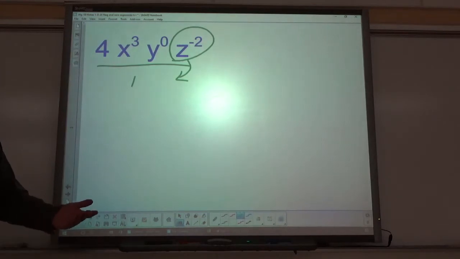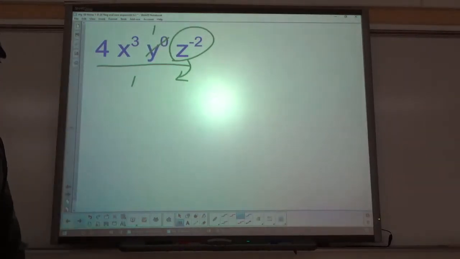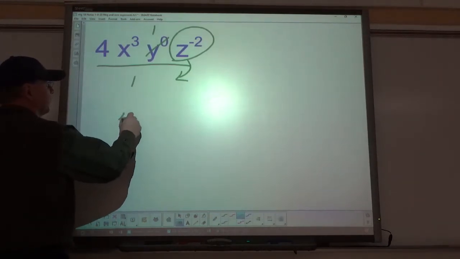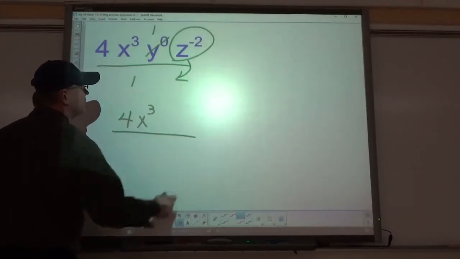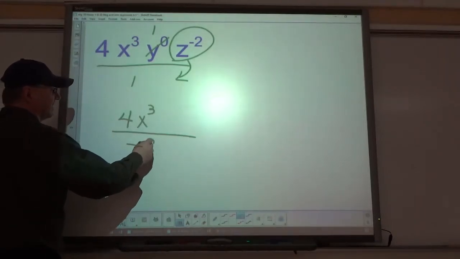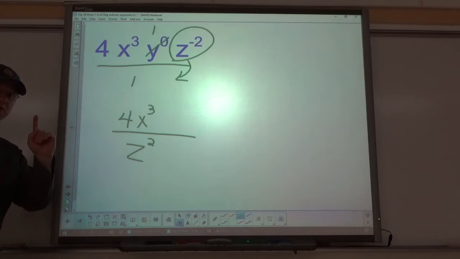It's raised to the 0 power. It goes away as a number 1 times the 4 is still 4. And so the 4 times 1 is 4, x to the third over z to the second. And again, the y is gone because it was raised to the 0 power, which equals the number 1.